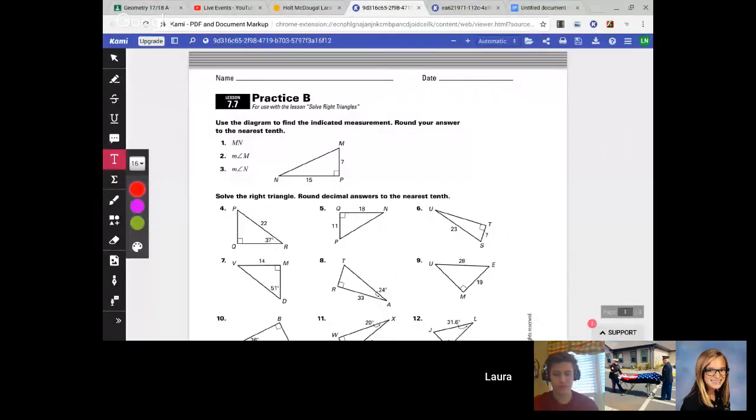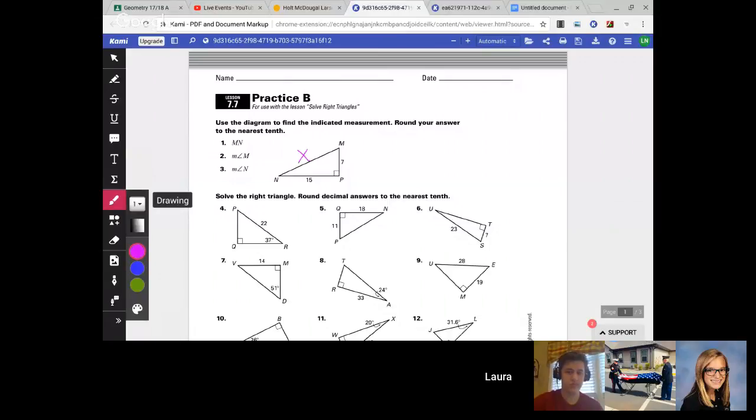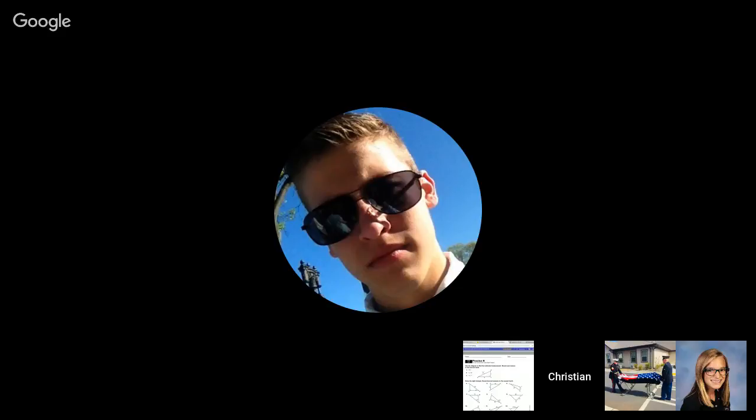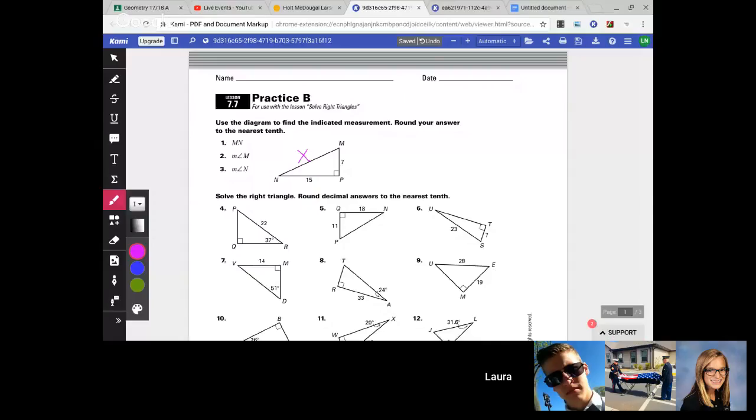All right, number 1, to find the measure MN, that's your x. So the quickest way to do that is what? What method did y'all use, Anna and Christian? Pythagorean. Yeah, Pythagorean.